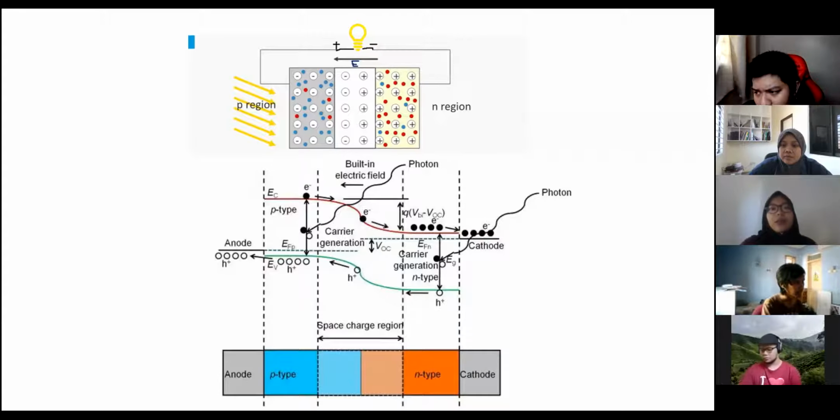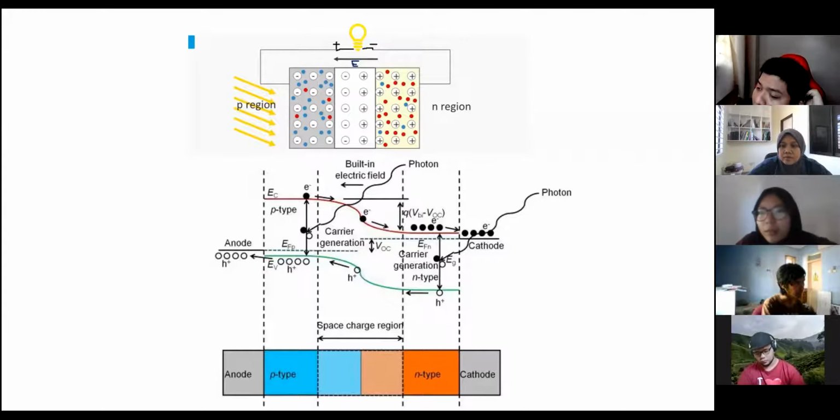What does equilibrium state mean? The state where no electron hole pairs are generated. The drift current and diffusion current cancel, and the net current is zero. So what is the bias of the diode?